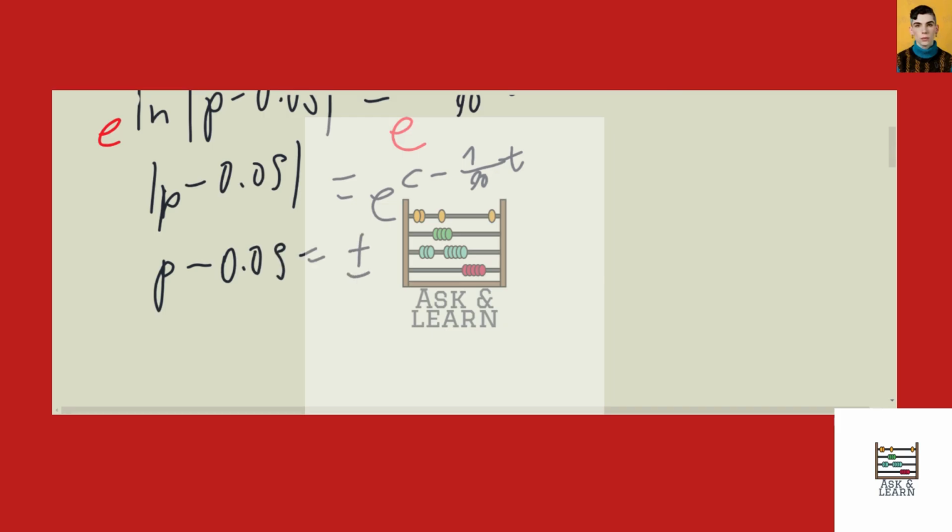What we're going to do is rewrite this part using exponent rules, and we have e to the c and then e to the negative t over 90. Basically this part, we're just going to treat as a whole other constant of its own, which you can just call k.